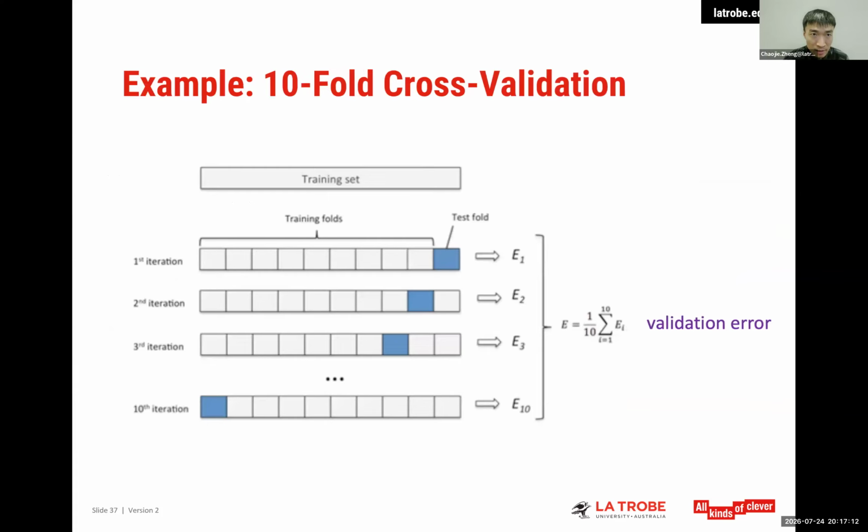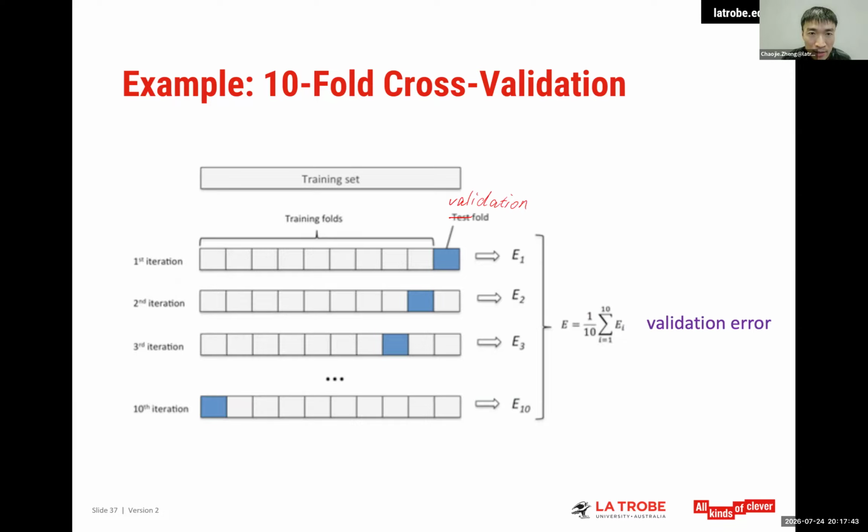So let's say for tenfold cross-validation, that means for the training data set, we are going to split it into 10 parts or 10 folds. And for each iteration, we are going to use one part as the validation. This is validation, so that we don't confuse it with the testing data set. So this is the validation fold.